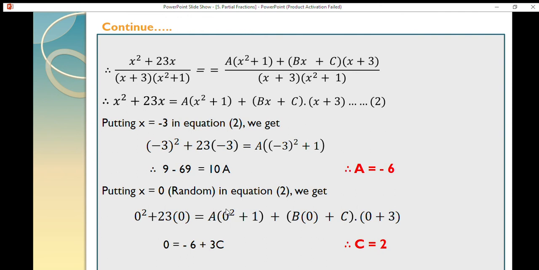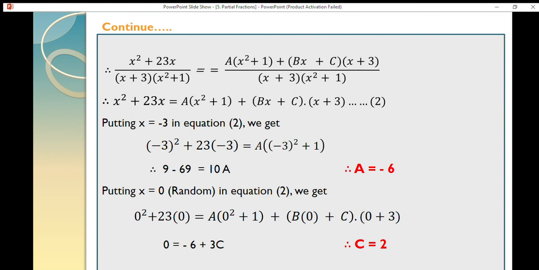So a into (0 square plus 1), (b into 0 plus c). See, the term becomes 0, this bracket is just c. So c into 3, that is 3c. Simplification of the first term is just a. The value of a is already known to us, substitute it there. So after simplifying this equation, see, minus 6 plus 3c equal to 0. So c is equal to 6 upon 3, that is 2. This is the value of c.